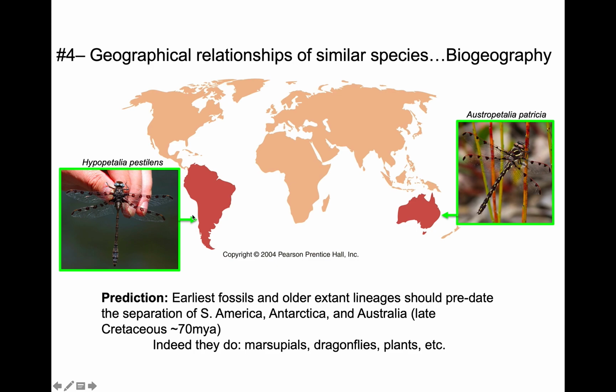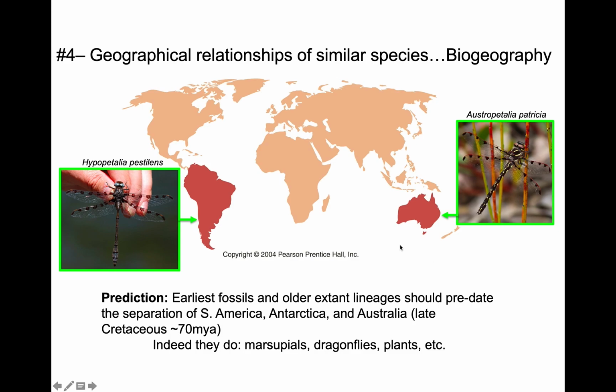The one I mentioned last time was Neopetalia, but there's another one called Hypopetalia, and it's found right here in Chile and Argentina. And if you go all the way around to the east coast in Australia, you find the other closest living species of this family group, Australopetalia, here in Australia.